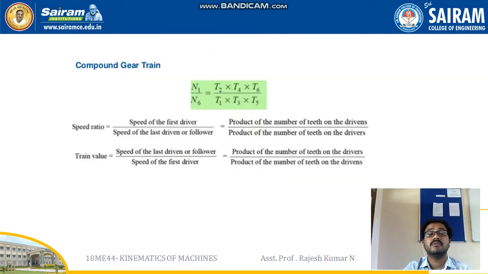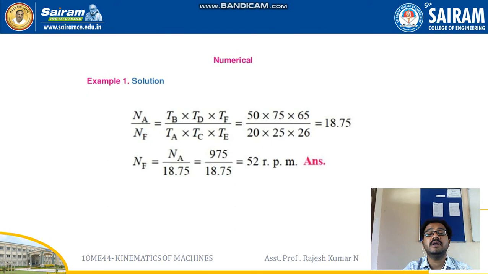In the numerator we need to consider the even-numbered gears' teeth, and in the denominator the odd ones. So TA, TB, TC, TD, TE, TF, that is 1, 2, 3, 4, 5, 6.